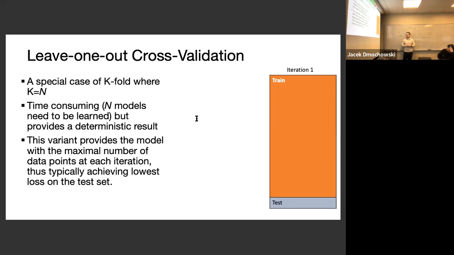I've worked on projects where the performance in practice was worse, and I think it's because your data may have some sort of dynamic component, like a time component to it. A classic example is predicting stock market prices.